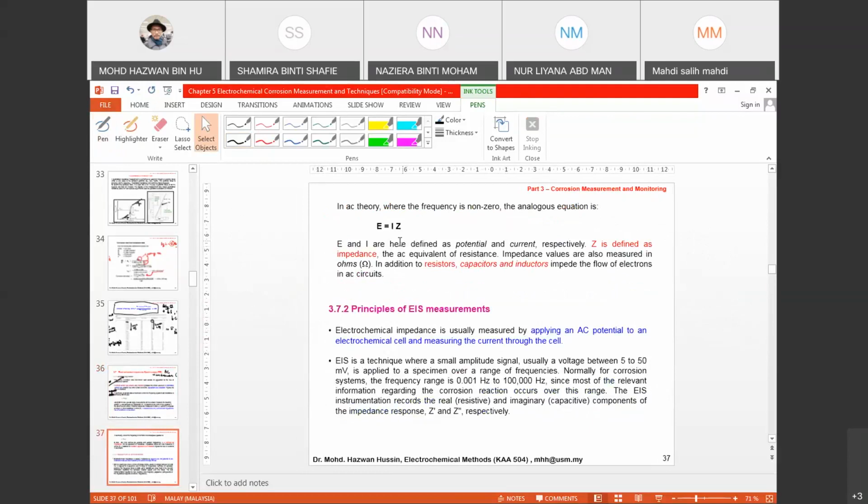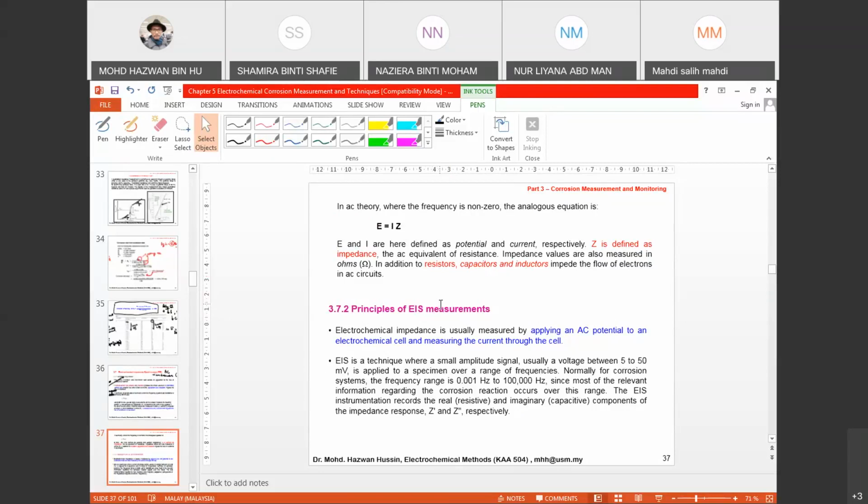That is why you get the Ohm's law representation for an AC system: E equals IZ. Z is defined as impedance, the AC equivalent of resistance. So basically Z and R are almost the same. The unit is in ohms. It's like resistance, but the term cannot be used interchangeably, because one is from the DC system and the other is from the AC system.